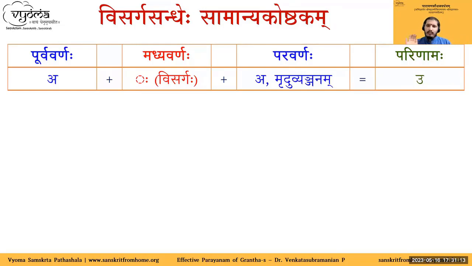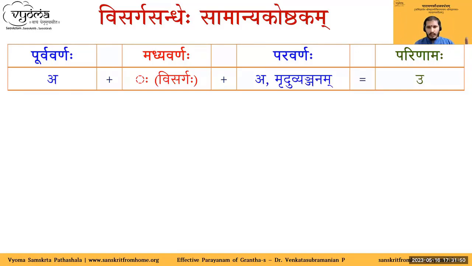Paravarna just includes A. A refers to only hraswa A. And mrudu vyanjana refers to the third, fourth, and fifth letters of the vargiya vyanjana, and ya, ra, la, va, ha. These five letters and the third, fourth, fifth letters of the varga of vargiya vyanjana include mrudu vyanjana. So, if this is present in the paravarna, then in place of visarga, we get U as the adesha.